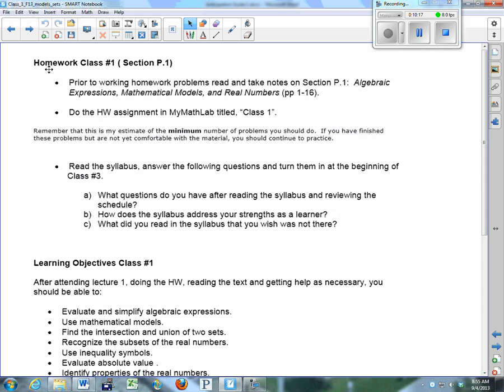So if you look at the beginning of this, it will say mathematical models, algebraic expressions, self-review, real numbers, self-review. That means in this packet, I'm not covering those two ideas explicitly. You need to read about that and take notes because this is a prerequisite chapter. These are supposed to be the prerequisite knowledge you have coming in.